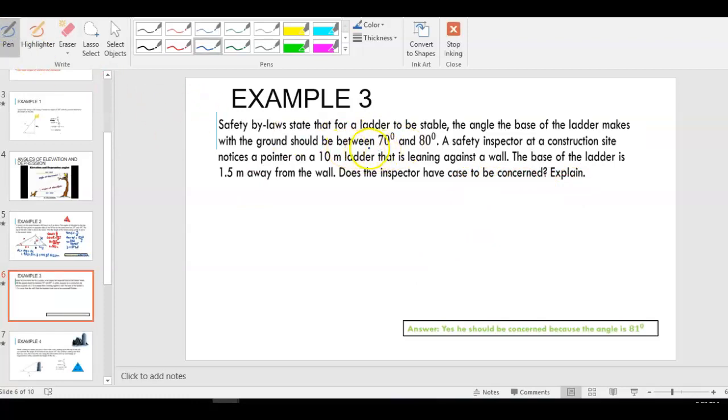We have that the safety rule tells us that the angle between the ladder and the ground should be between 70 and 80 degrees. And let's say this is the wall where the ladder is leaning, and this is the ground, and the ladder is 10 meters long. Here's the ladder, 10 meters long.